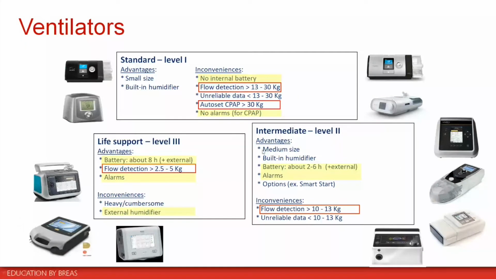They also have the built-in humidifier. Here, for example, you can add one here, and here for this model. They have an internal battery, about 2 to 6 hours of functioning depending on the ventilator. You can also add an external battery. They have some alarms depending on the device.